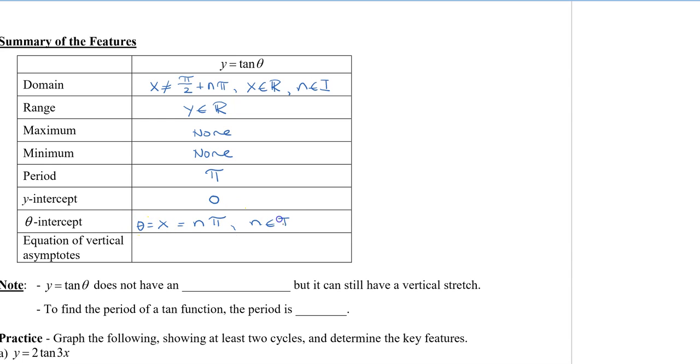So n is an integer. Now, one of the things that I will ask you, or you should be looking for, is also the asymptotes. So the asymptotes occur at pi over 2, and then every pi after that. So we can say pi over 2 plus n pi, where n is an integer.